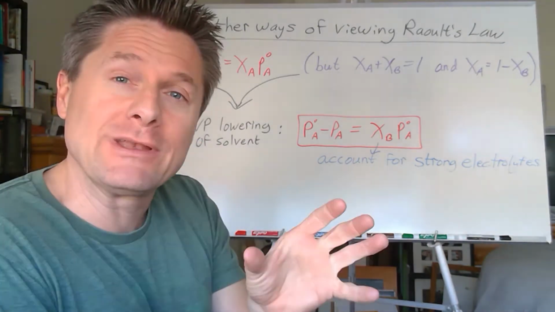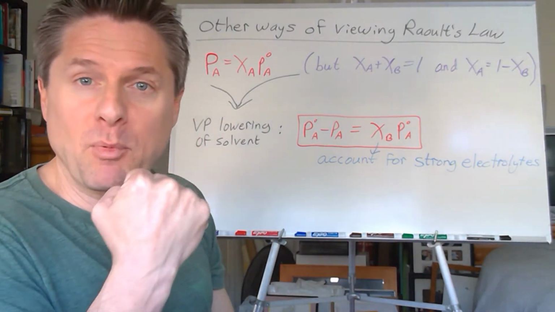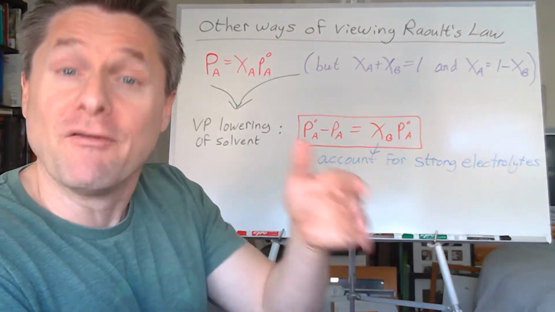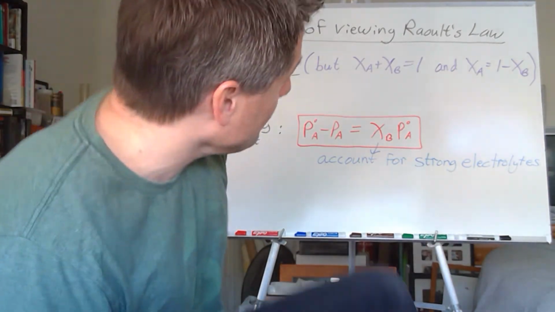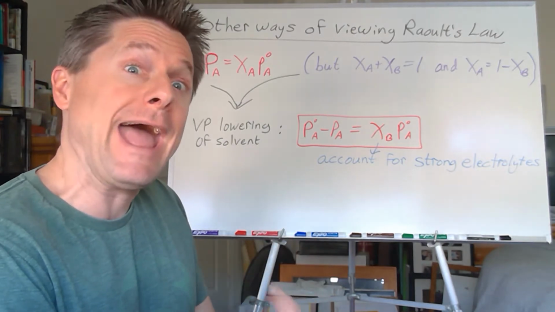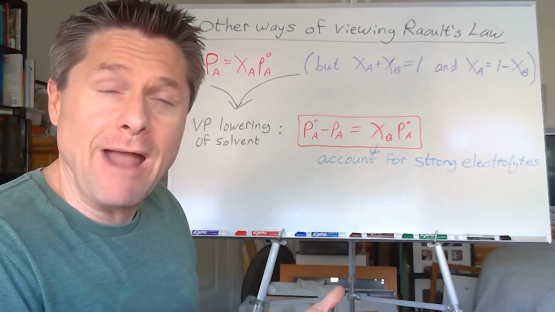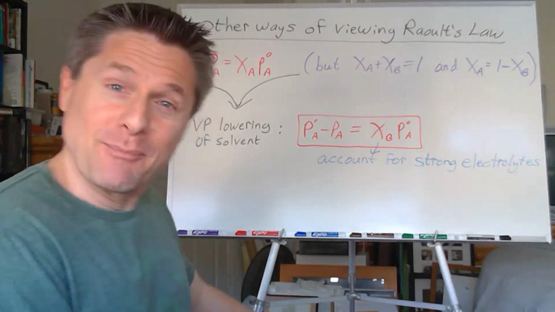The way we looked at Raoult's law, the most common way, is that the vapor pressure of species A, or the solvent, is equal to the mole fraction of species A times its pure vapor pressure. If you want to look at it technically as vapor pressure lowering, how much does the vapor pressure go down, you can easily derive that. I'm going to leave that up to you, if you're bored on a Saturday morning or something like that.